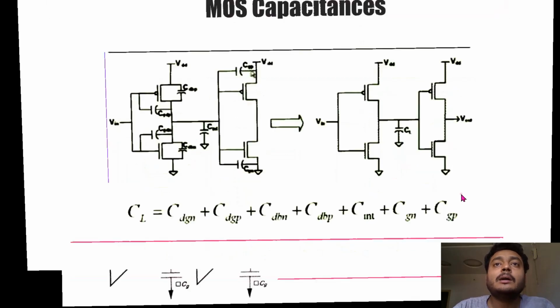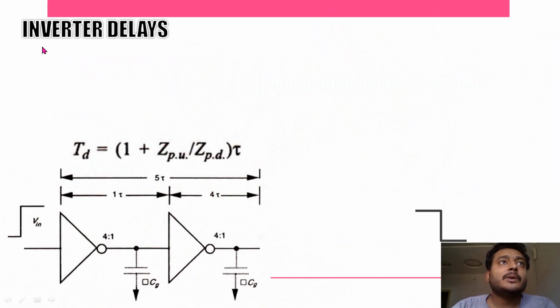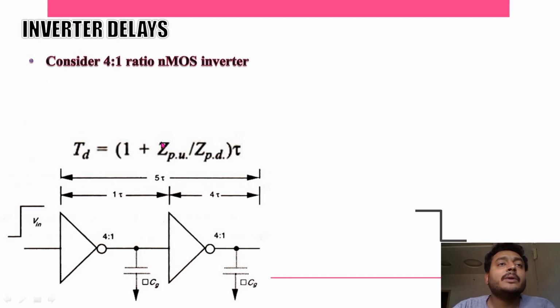Okay, right. Next we go to inverter delays. When we have two inverters cascaded together, how do we estimate the delay? What will be the delay? We will consider an example: two inverters cascaded together, and these are NMOS inverters.